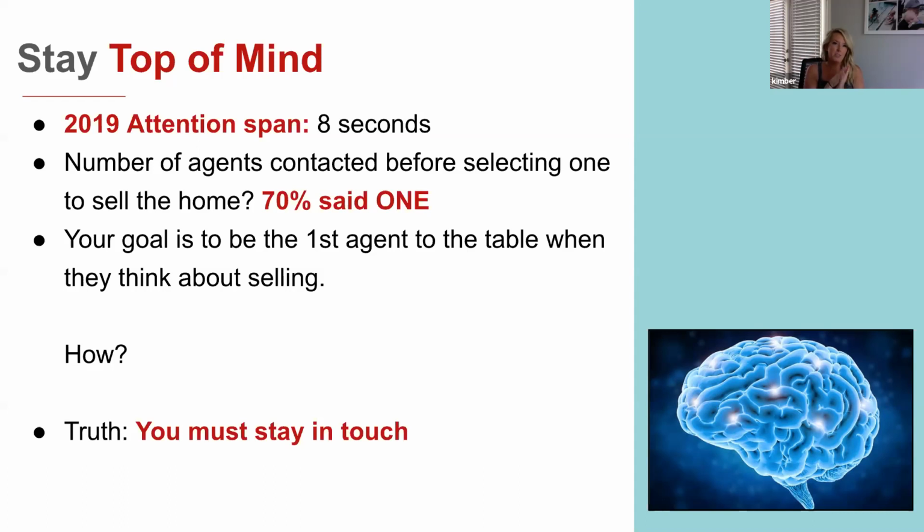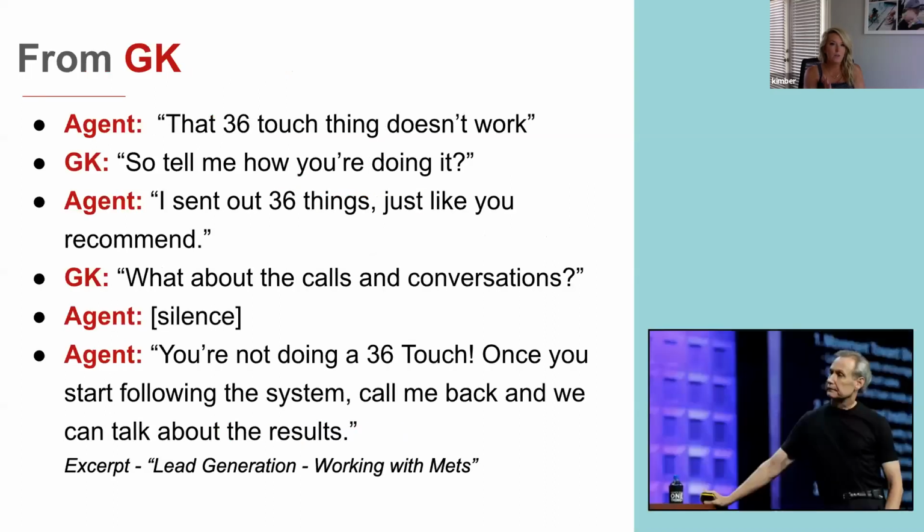Reaching out to them a certain number of times. So this is a conversation that Gary Keller had with an agent. It was over email. And the agent basically said, this 36 touch thing doesn't work. There you go, Gary. You can email Gary, by the way. It's gary@kw.com if you ever want to tell him his 36 touch doesn't work. And he said, okay, so tell me how you're doing it.